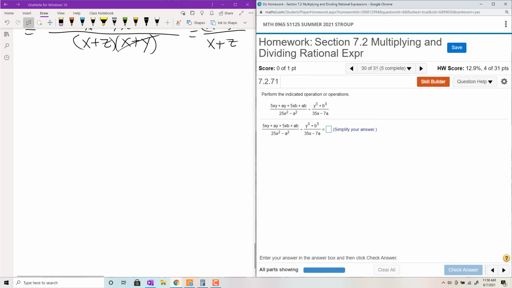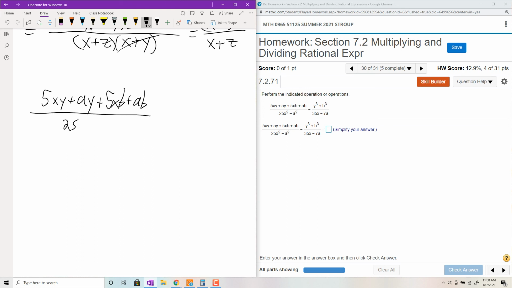So it looks like multiple variables, some cubic stuff. 5xy plus ay plus 5xb plus ab all over 25x squared minus a squared, times, I'll go ahead and flip it, 35x minus 7a all over y cubed plus b cubed.